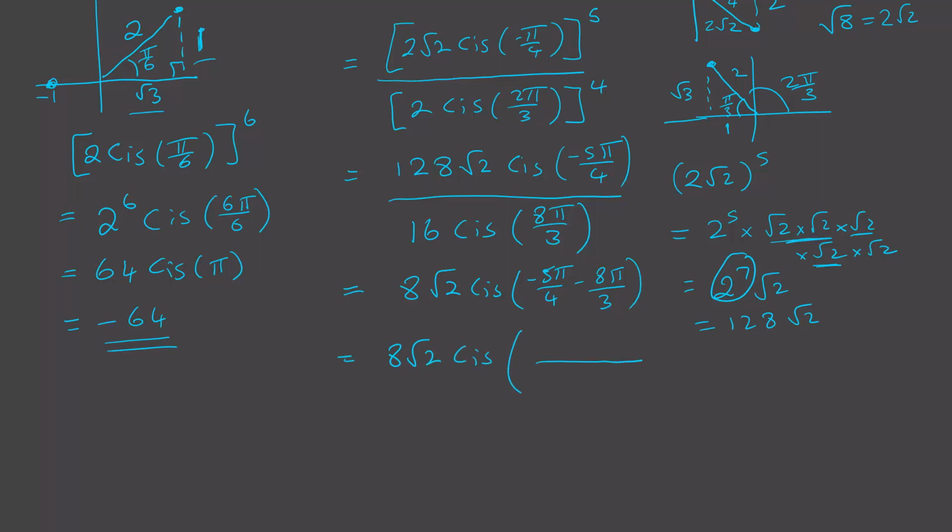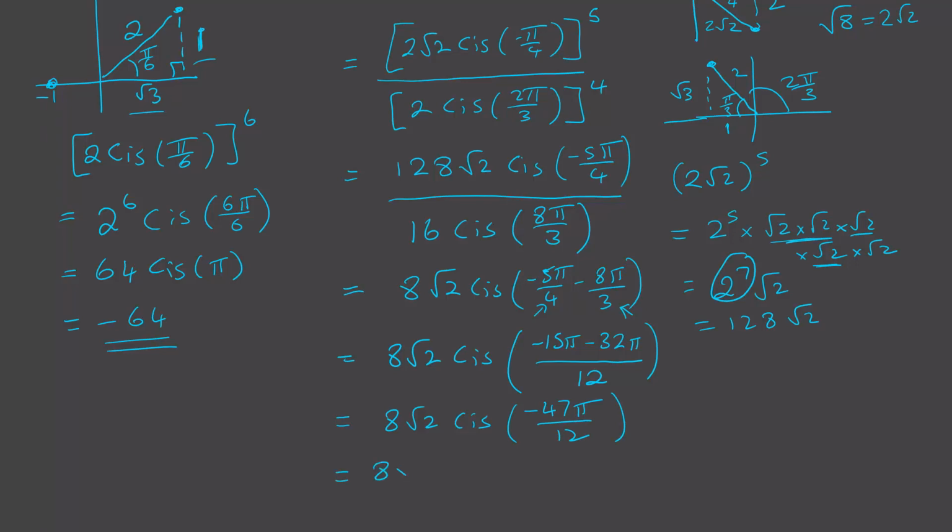Now we'd like a common denominator of 12 here for 3 and 4. Multiply the 4 by 3, so that's -15 pi. Multiply this one by 4, so that's -32 pi. So we've got 8 root 2 cis -47 pi by 12.